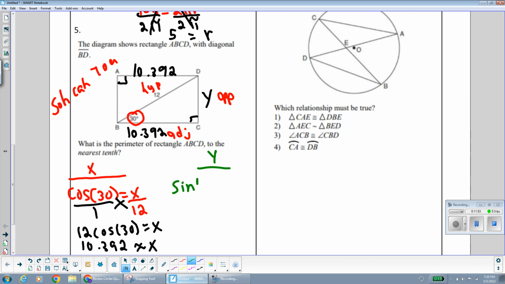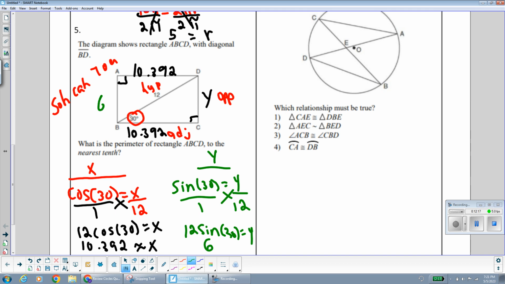Sine of the 30-degree angle is equal to opposite over hypotenuse. Put this over 1 and cross multiply. 12 sine 30 equals y. So 12 sine 30, enter, and that is 6.